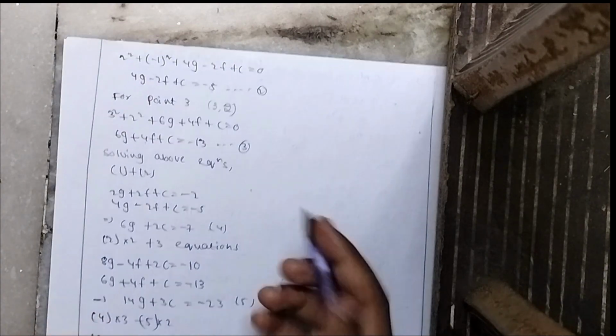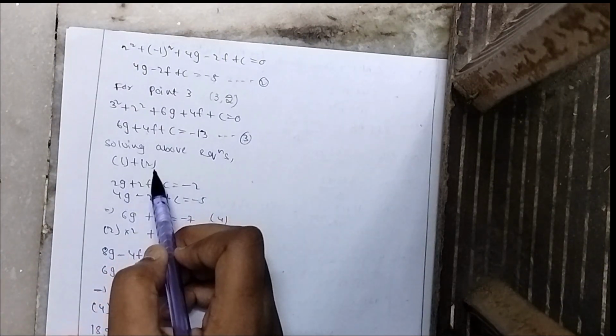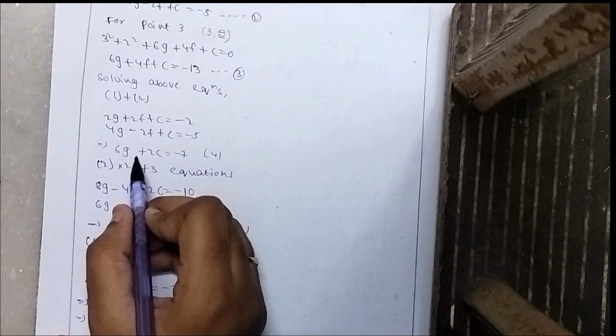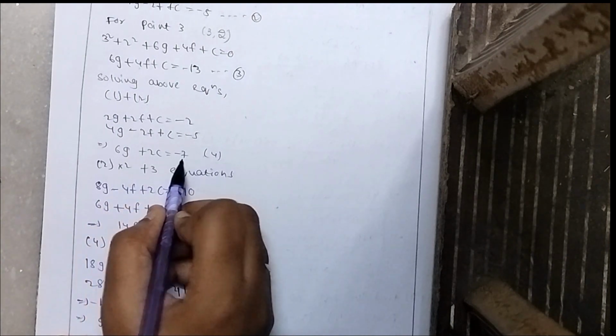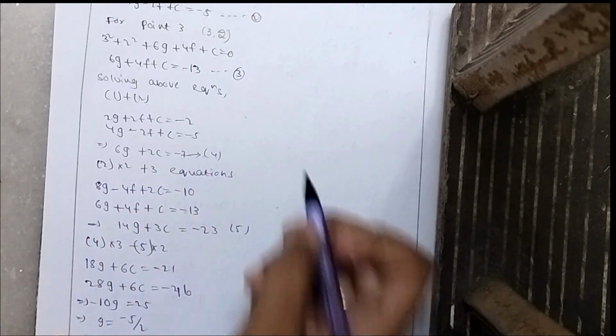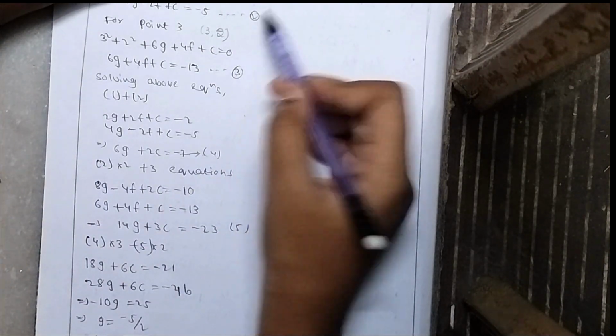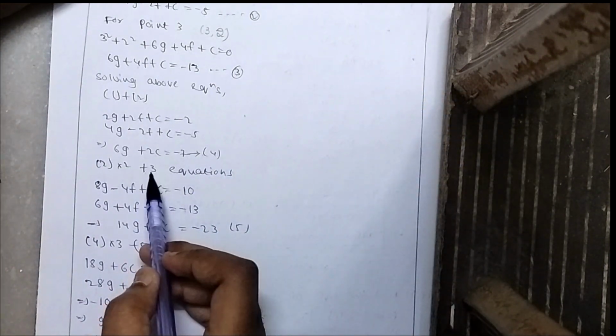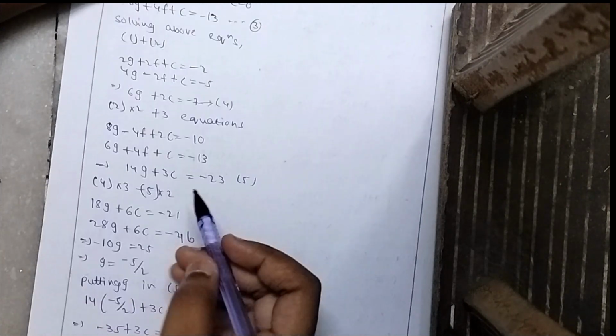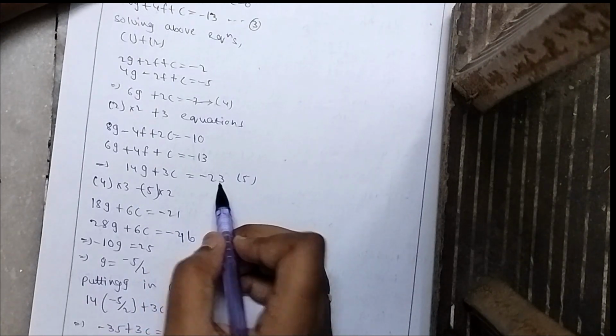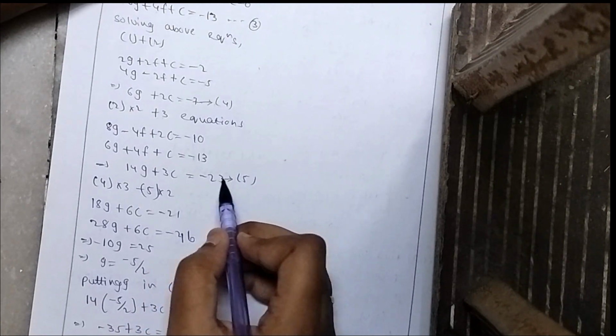So now solving equation 1 and equation 2, we get the equation 6g + 2c = -7. This is taken as equation 4. Now multiplying equation 2 with 2 and solving it with equation 3, we get another equation, which is taken as equation 5.